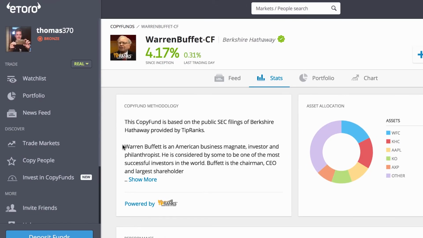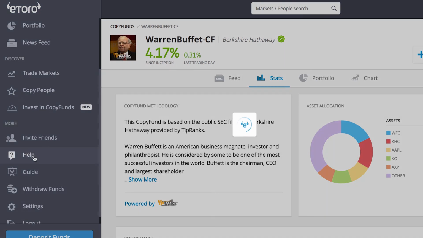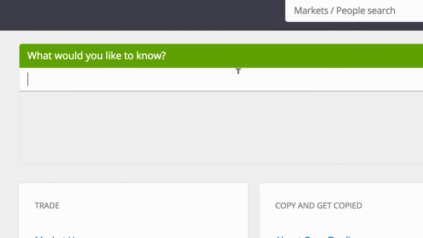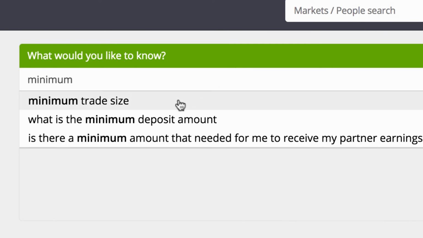I only found out recently that they've actually increased the minimum trade size. So in the past, when I saw 5,000, that's a hang of a lot of money to me. But maybe to the newer people, because you're familiar with much larger trade sizes, I'm not sure if it is for you. If you want to find out more about the trade sizes, by the way, you can go here, go to help, and just type in here minimum trade size.